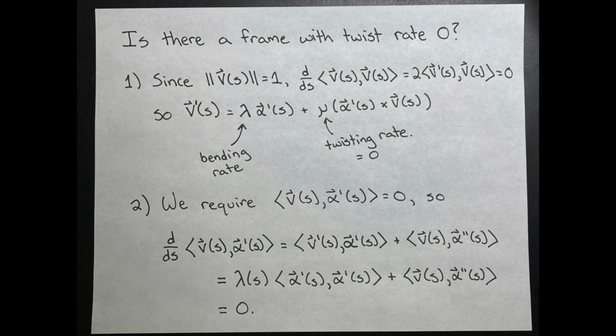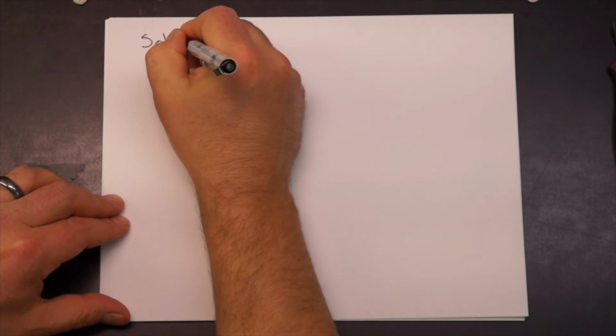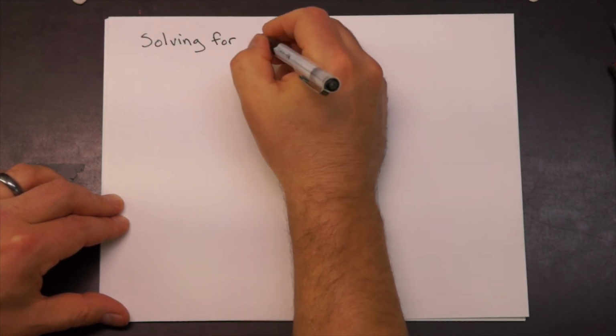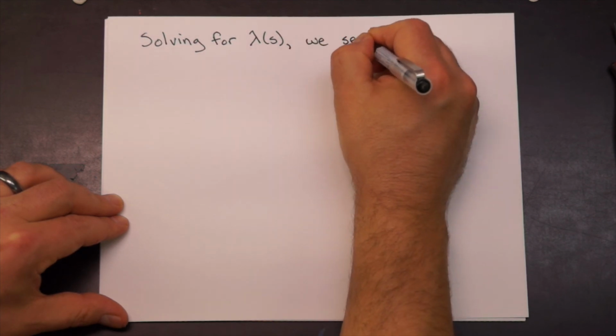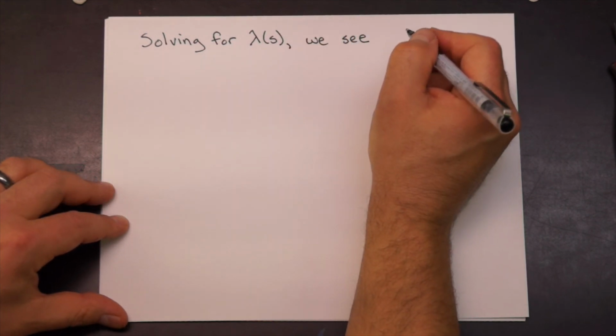So we know that lambda times alpha prime dot alpha prime is equal to v dot alpha double prime.